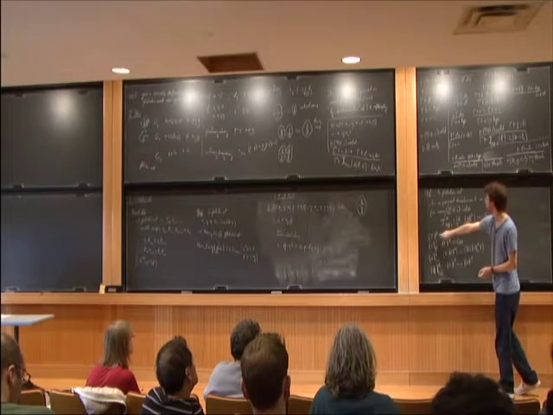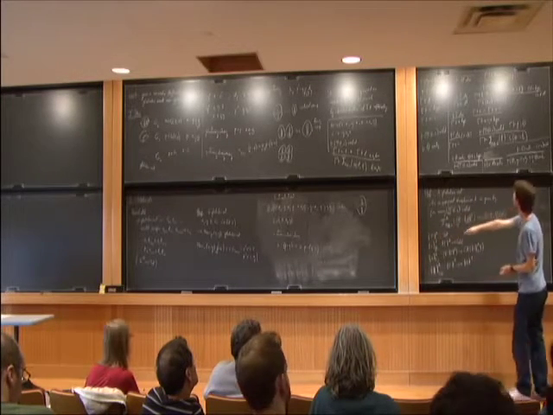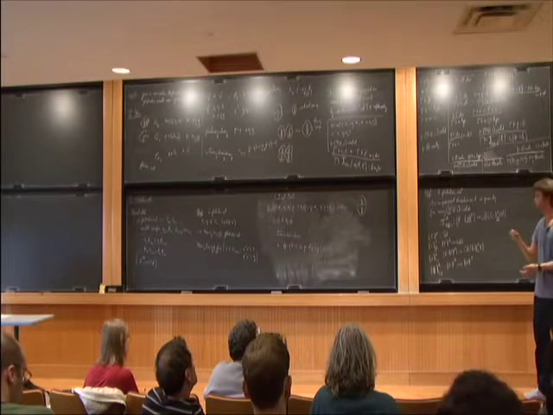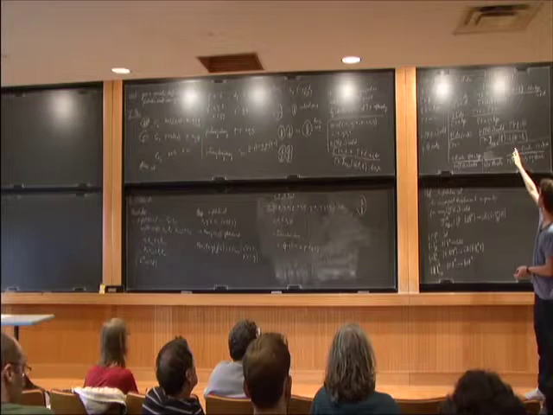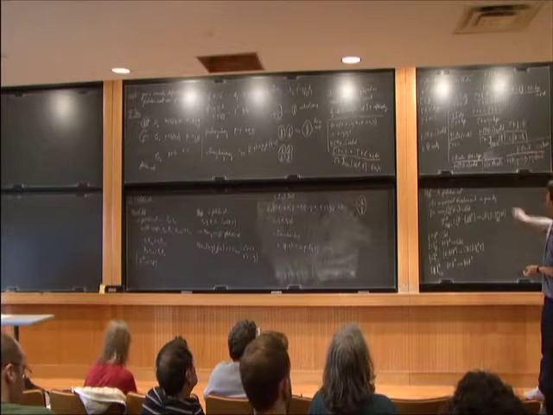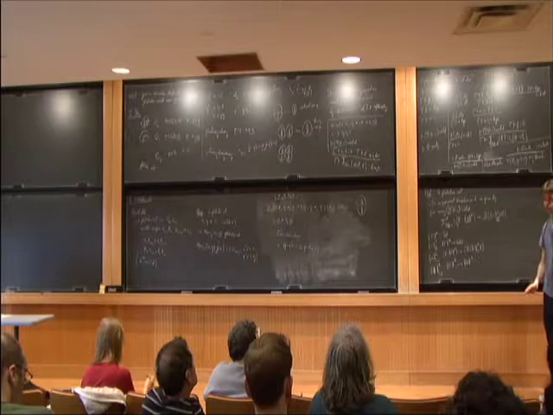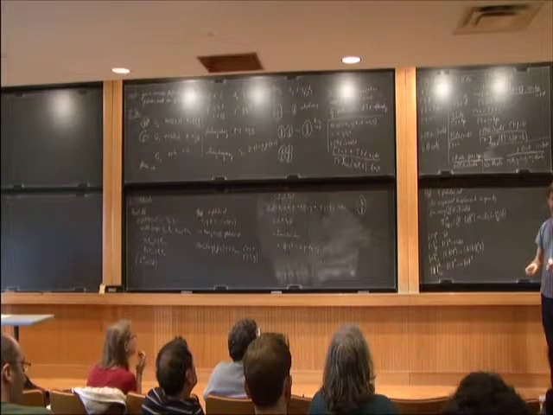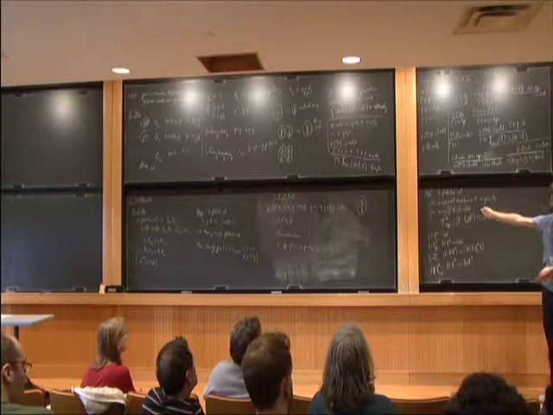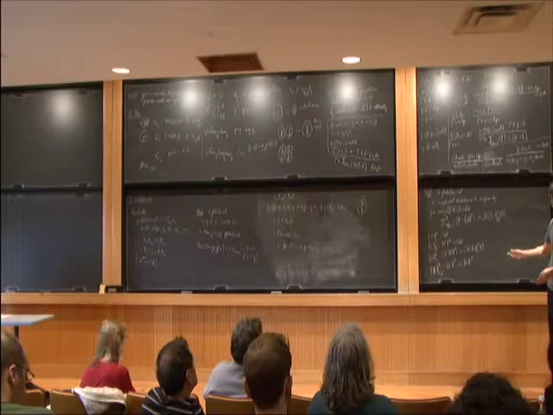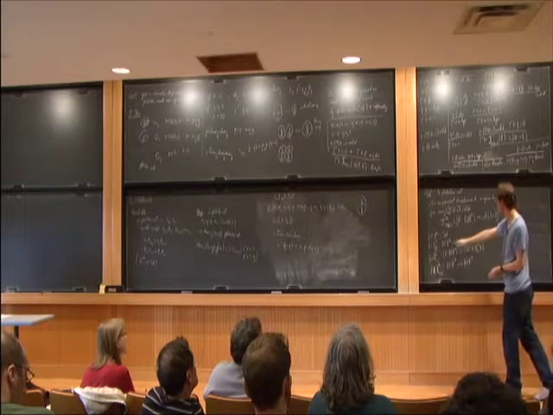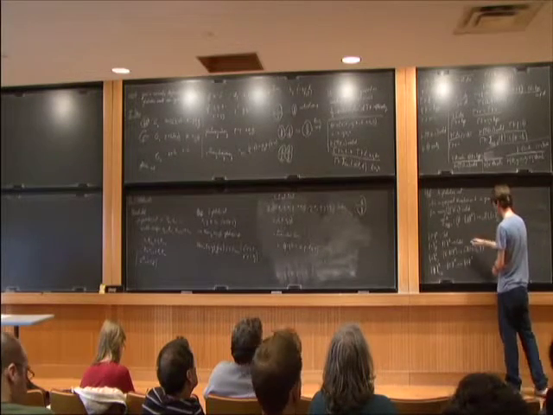Okay, and how does it work? The interpretation of the empty context will be a singleton. The interpretation of a context gamma, comma x colon C, would be the set of pairs of an element in the interpretation of gamma and an element in the interpretation of C. Maybe I can write the first two.